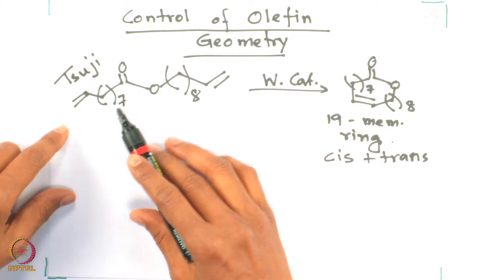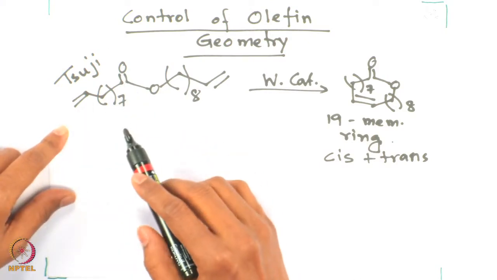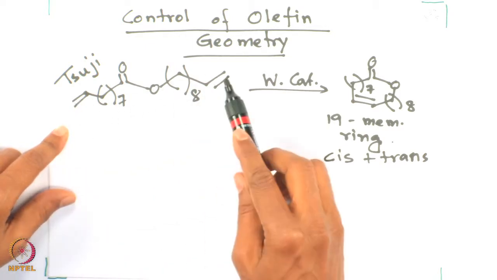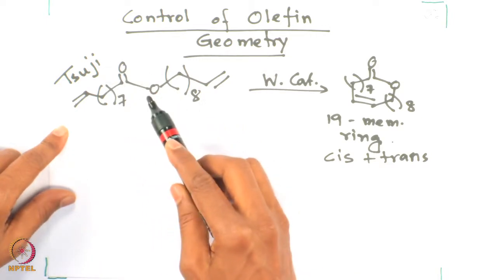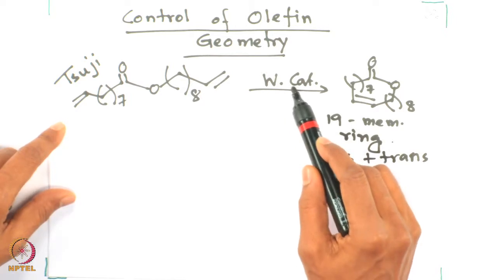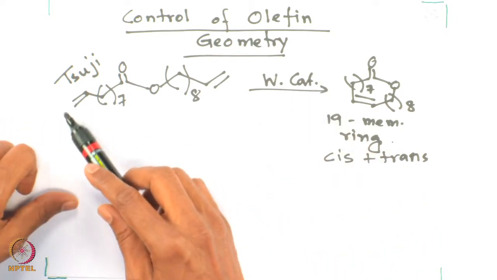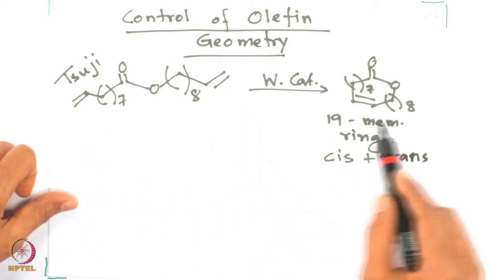When we look at this molecule, which is reported by Shuji, we see that the 2 olefins are on the terminal positions, interlinked by an ester. Now, in the presence of a tungsten catalyst, we have the ring closing metathesis in progress.